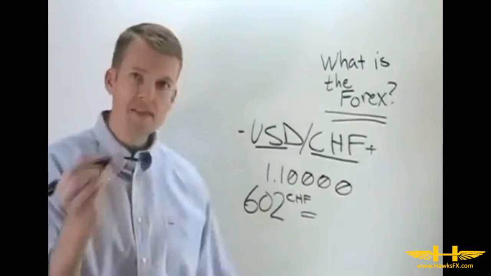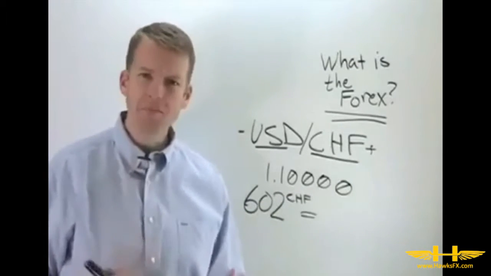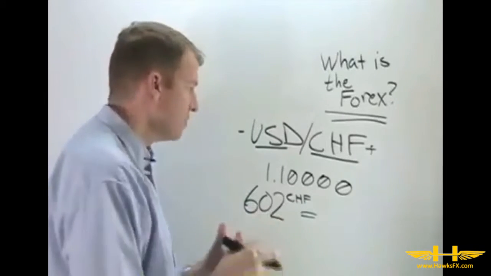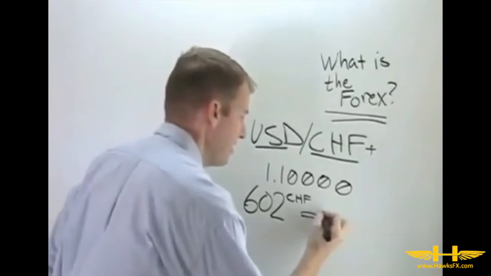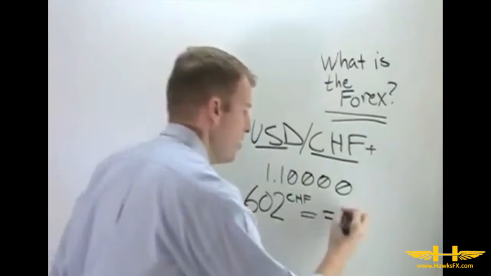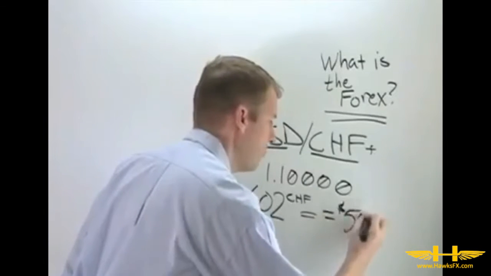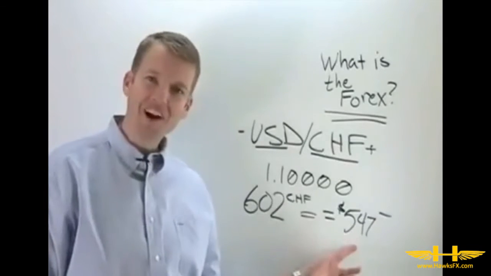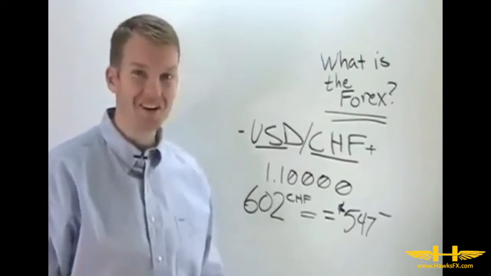And now you might think, well, we live in the US, that must be a bad thing for us. Well, not necessarily. And this is something that's hard to wrap your head around when you first learn it. If we convert these 602 francs at our new exchange rate, we get back $547. Now, that means that we just made a profit on our vacation of 10%, at least on our spending money.